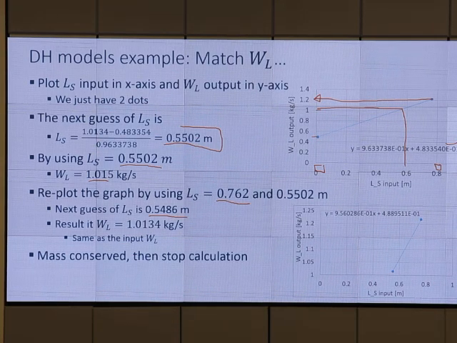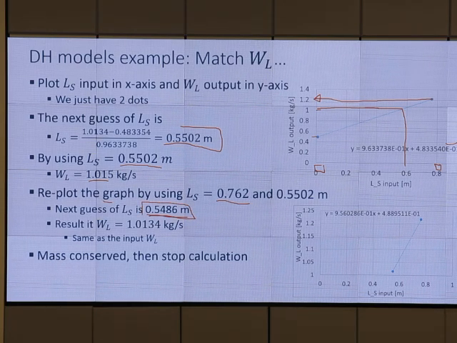This is to show you that there is no excuse that you cannot do it without knowing numerical methods, because you don't have to know numerical methods. You just need to know how to plot a graph and use the graph. Right? The next guess of 0.5486 was not random.